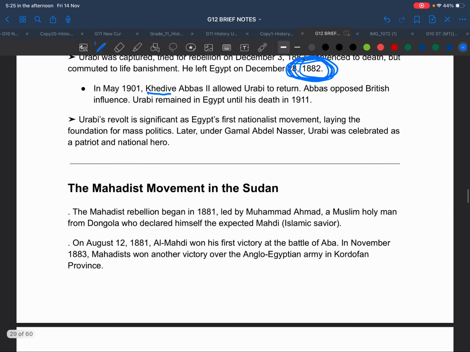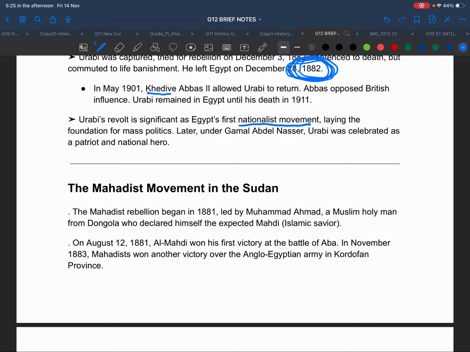Urabi's revolt is significant as Egypt's first nationalist movement, a movement that mobilized the peasants against the British colonizers, laying the foundation for mass politics. Later, under Gamal Abdel Nasser, Urabi was celebrated as a patriot and national hero.